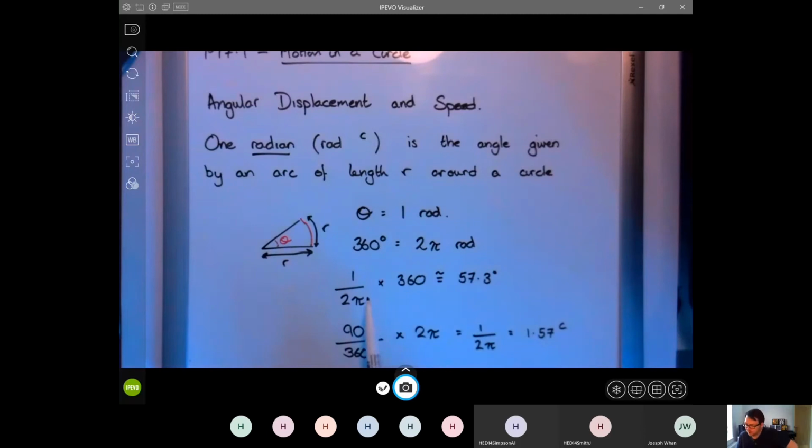So 1 over 2 pi times 360, there's my ratio of what I've got in terms of radians, multiplied by my number of degrees in a circle, will give me my answer in degrees. And there's my ratio of my degrees multiplied by the number you get in a circle in terms of radians, which gives me my answer of 1 over 2 pi, which is 1.57 radians. Okay, my apologies that wasn't up as I was doing it.